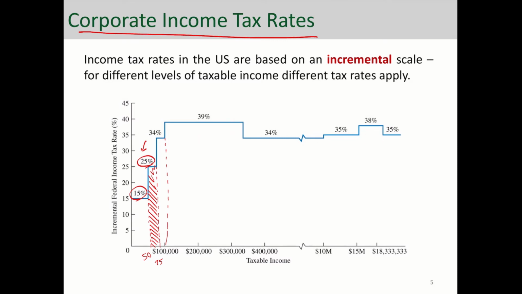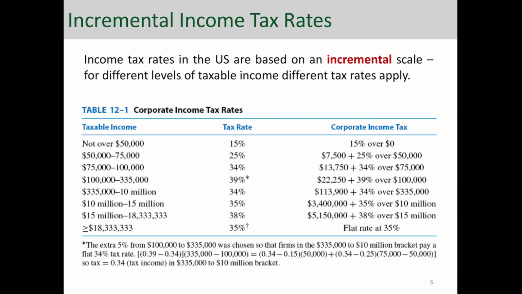The same graph is also shown here in this table. As you can see, for less than $50,000, the tax rate is 15%. If the taxable income is between $50,000 and $75,000, the incremental, or also called marginal tax rate, is 25%, which means you're going to pay 25% for any income that you made over $50,000, but in addition, you're already paying $7,500 for the first $50,000 that you made.